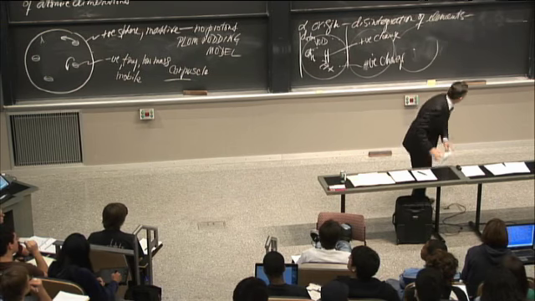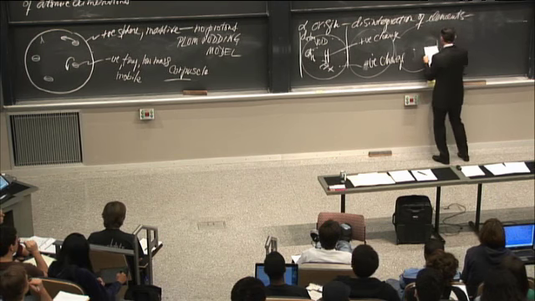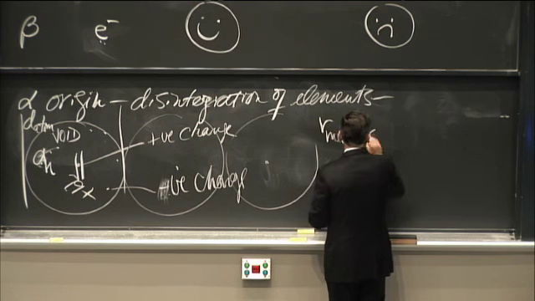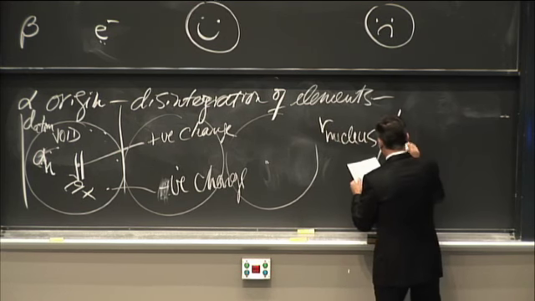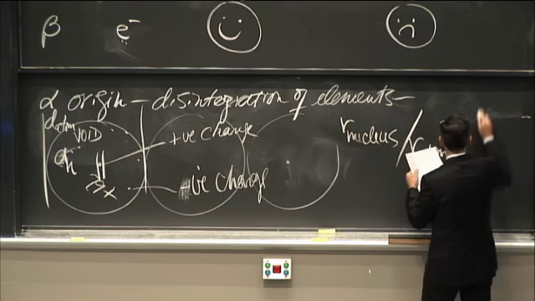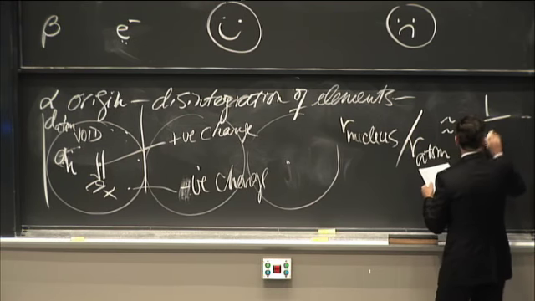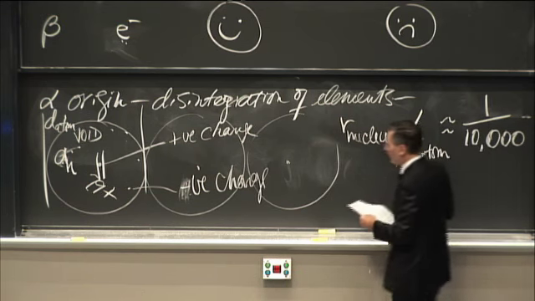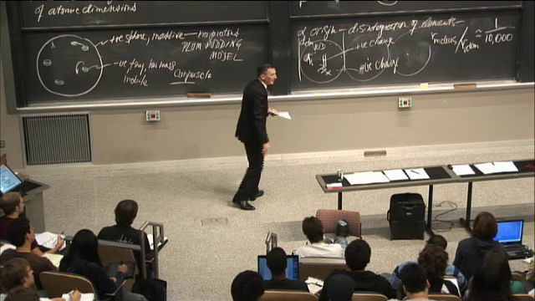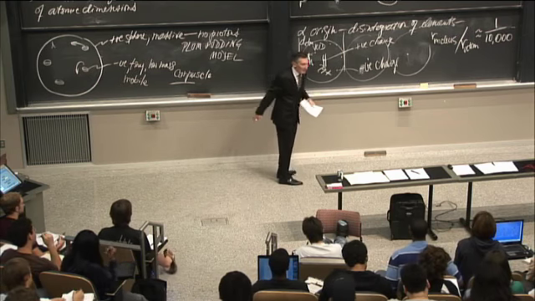He did the calculation, and Marsden figured out that the radius of the nucleus to the radius of the atom is on the order of about 1 to 10,000. So that means most of the gold foil is void. Most of the gold foil is nothing.